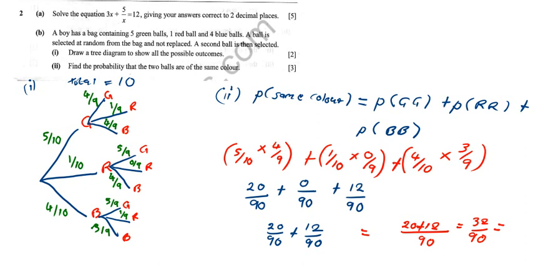So 32 over 90, when you simplify it, dividing by 2, you are getting 16 over 45.